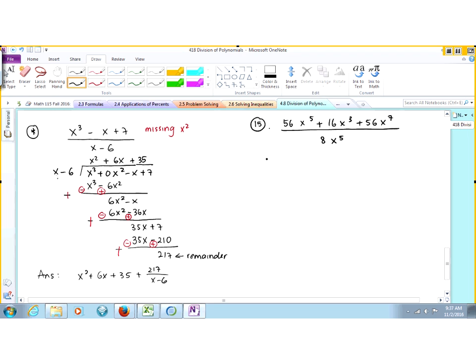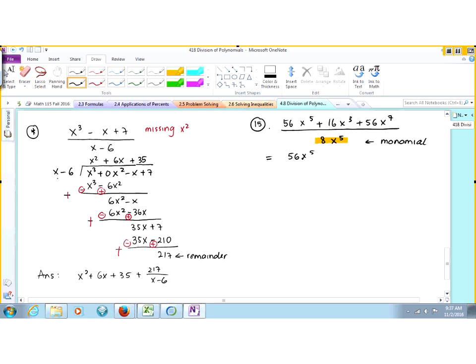Number 11? Okay, yes. So what would you do here? Are we going to do long division here? No, why not? The divisor is a monomial. So we're just going to write them separately, right?